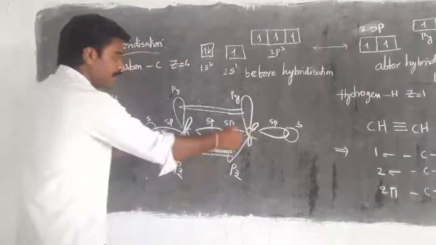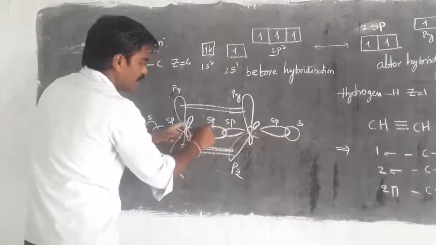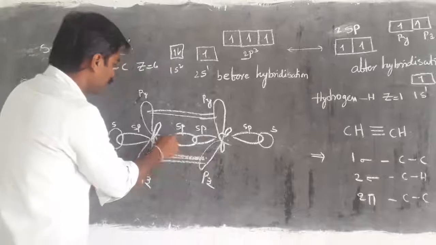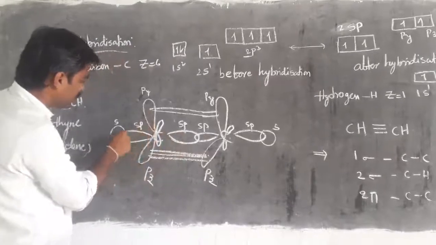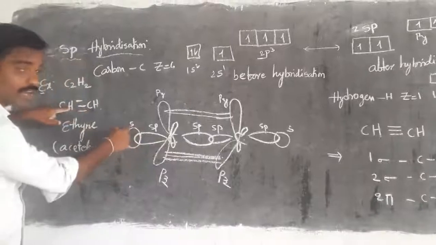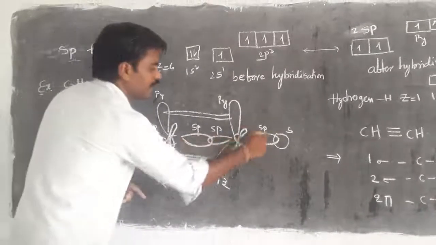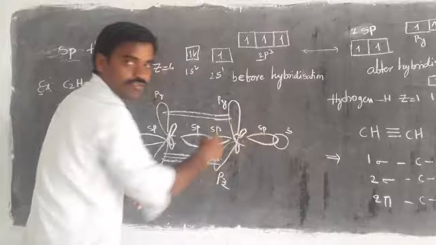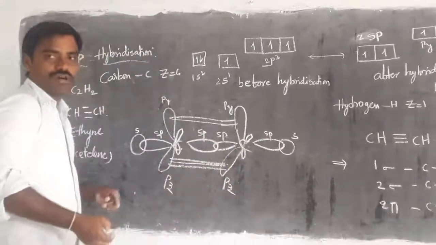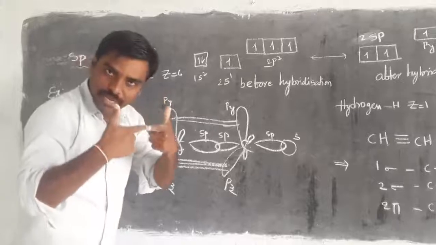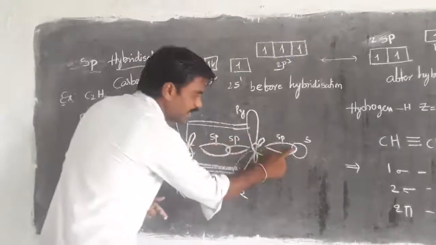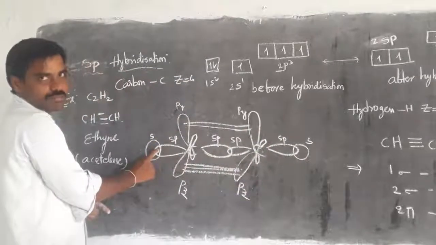Between the carbons, sp and sp: here the first carbon's sp orbital overlaps. On the left side, one hydrogen is overlapping, and on the right side of the second carbon, one hydrogen is overlapping. Between the carbons, two sp orbitals overlap end to end. So this is a sigma bond, this one is a sigma bond, and this one is a sigma bond.